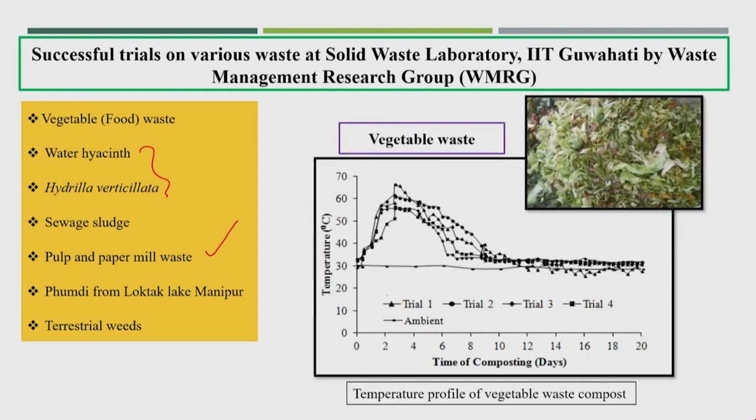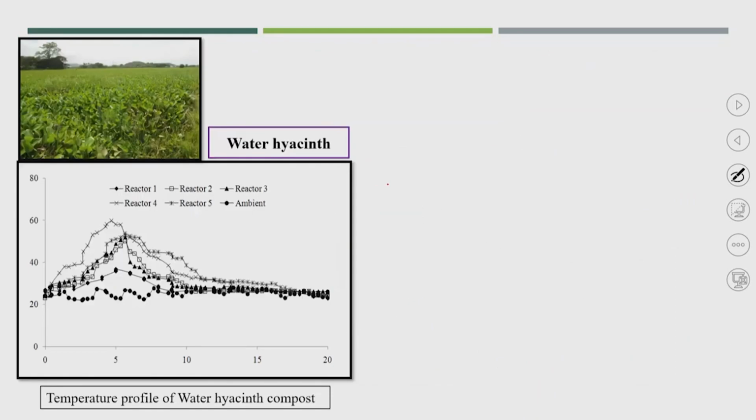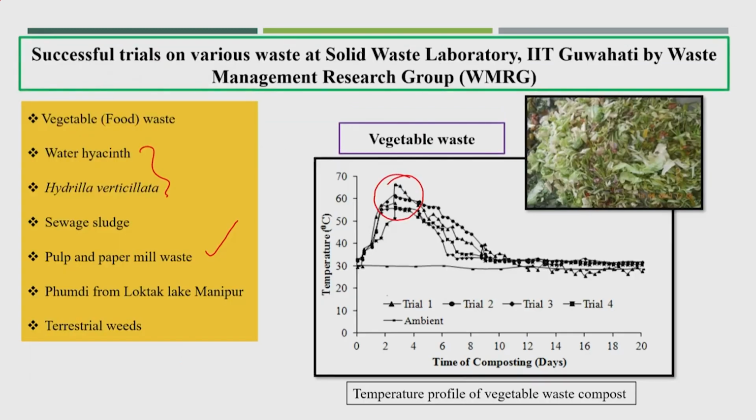You can see here a temperature of 60 to 65 degrees for vegetable waste. This is the water hyacinth, where the temperature reached up to 60 degrees, and the degradation period is only 20 days.